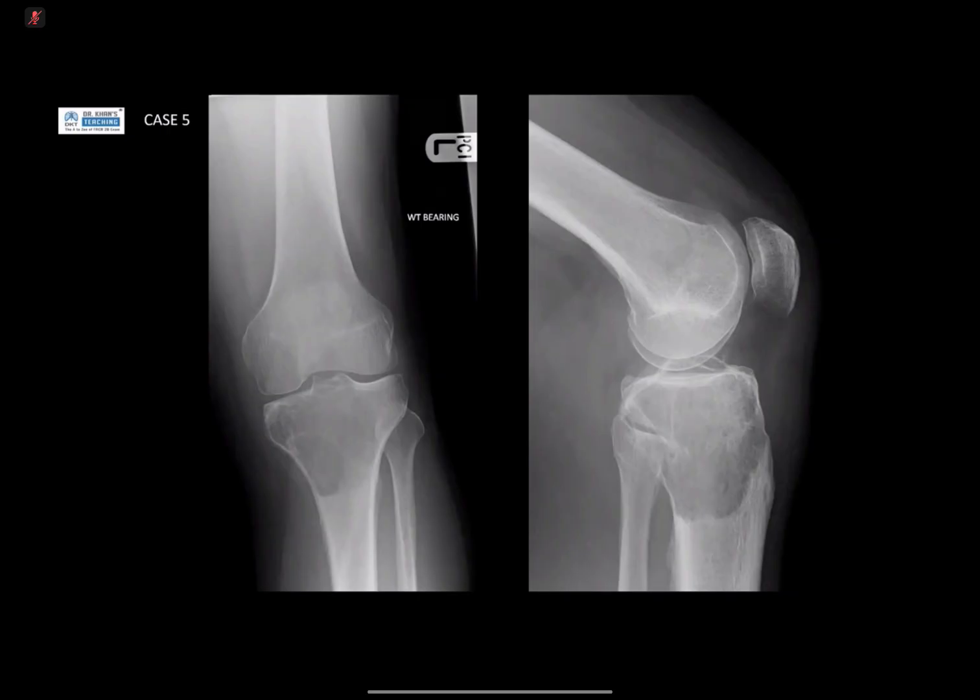So do you think this is aggressive or non-aggressive? For this involvement of the medial cortex, I think we're going with an aggressive bony lesion. I'm sorry, you cut out. Aggressive or non-aggressive? Aggressive. I think we'll go with aggressive. Okay.